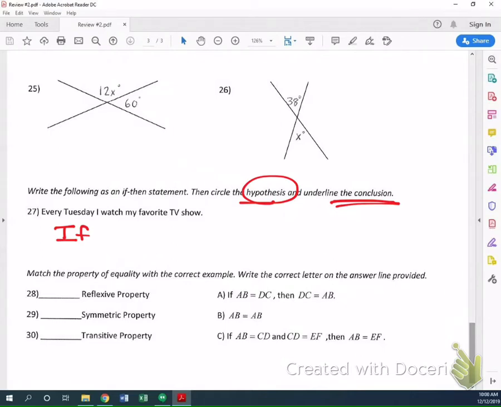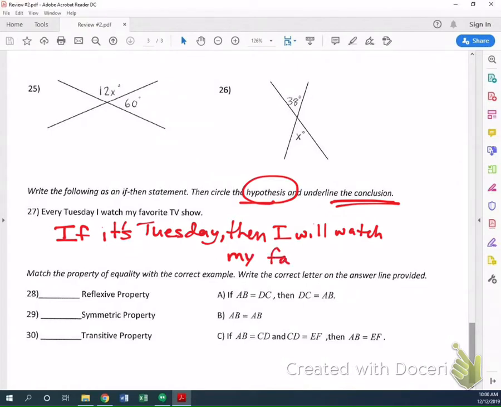What has to happen first? You wake up and it's Tuesday. So if it's Tuesday, then I will watch my favorite show. All right, second part.